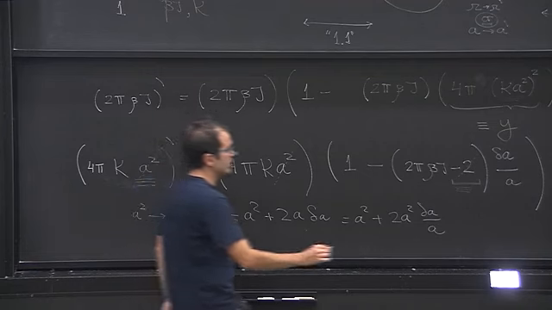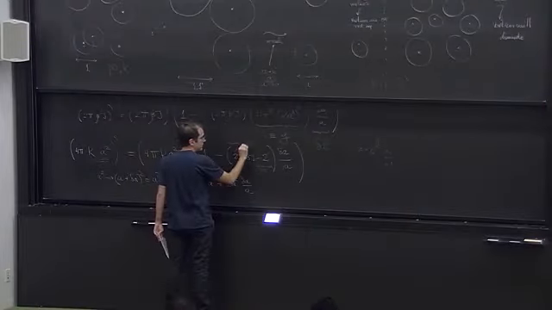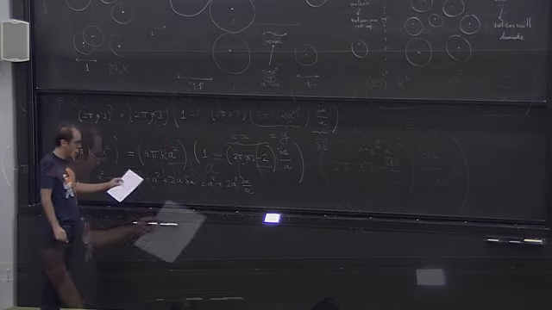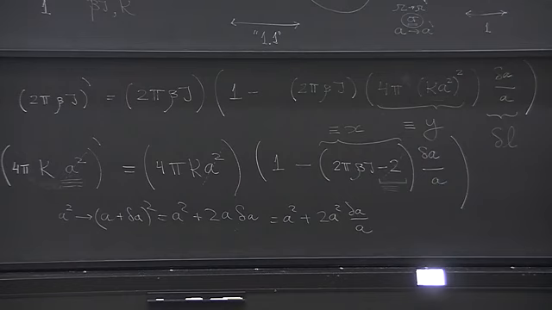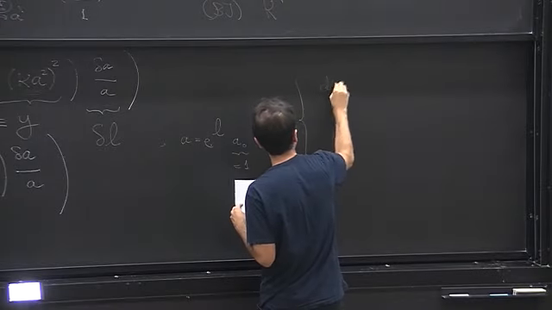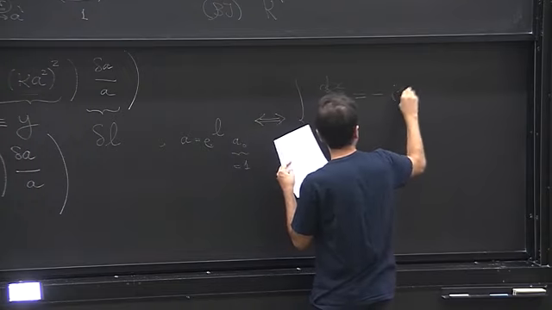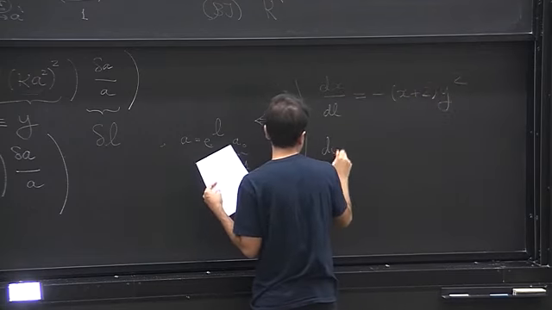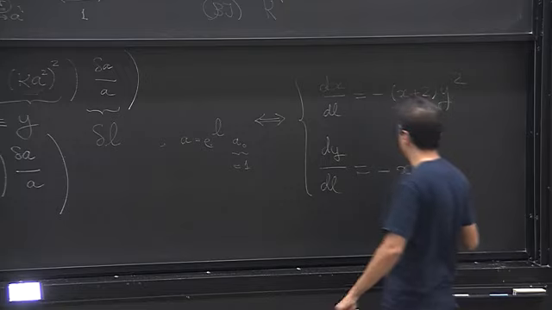So now that we see that we have here y, it's tempting to define this quantity to be x. And then by equations closing, I mean that these equations are equivalent to the following set of equations, which tell me that dx dl is equal to minus x plus 2y squared, and dy dl is equal to minus x times y.